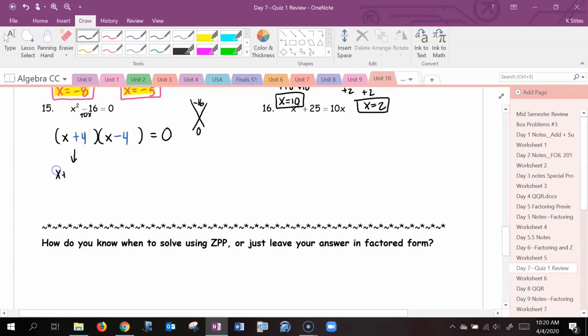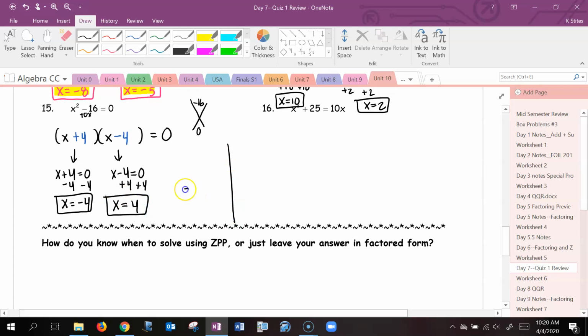And now I'm going to go ahead and solve. Okay, subtract. So x equals negative 4. And add. X equals positive 4.